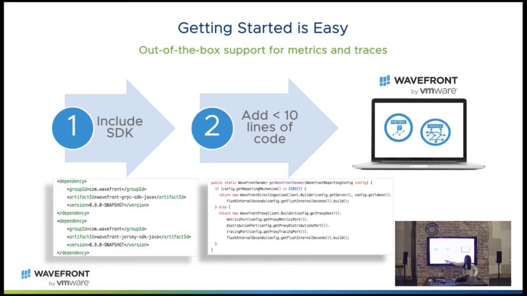You write less than 10 lines of code change, including your application name, your service name, and which shard and cluster you're running it in. And voila, you open our web page and you see all the metrics and traces flowing into Wavefront.